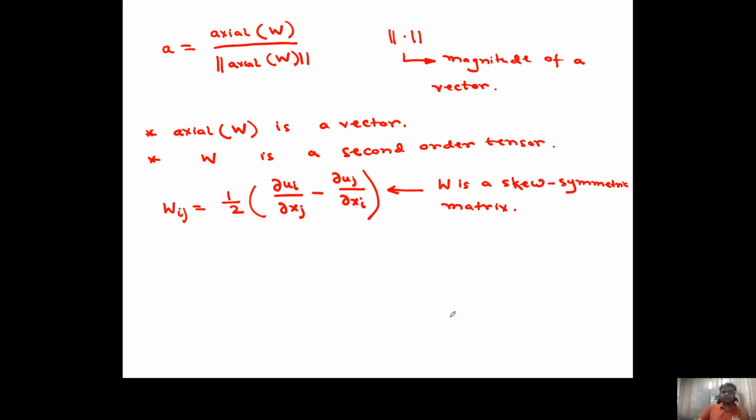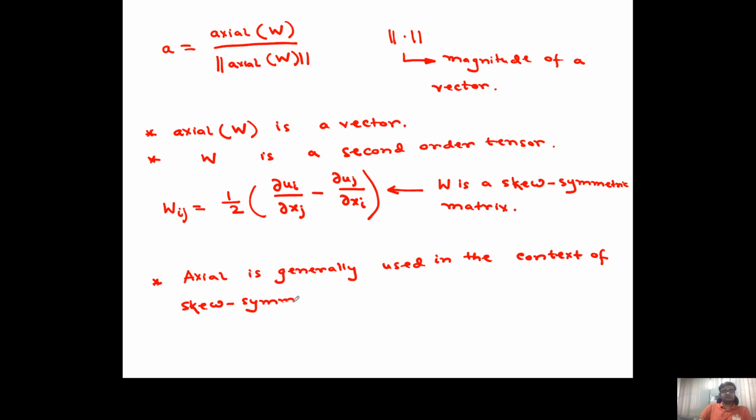The term axial is generally used with skew symmetric matrices, and we will talk about what axial is in a short while. But for now, let me write down that axial is generally used in the context of a skew symmetric matrix.